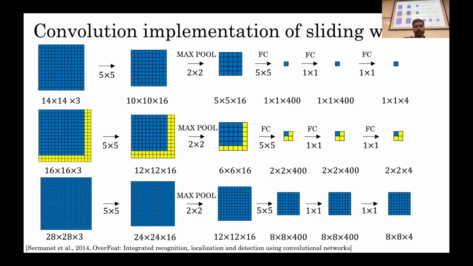Which means that we have now checked each and every 14 cross 14 window of this image with stride of 2 or 1 probably, and we will get the final output, right? So this way we are not passing each of these patches individually into the convolutional net, but we have modified the network structure itself. Any doubts in this?